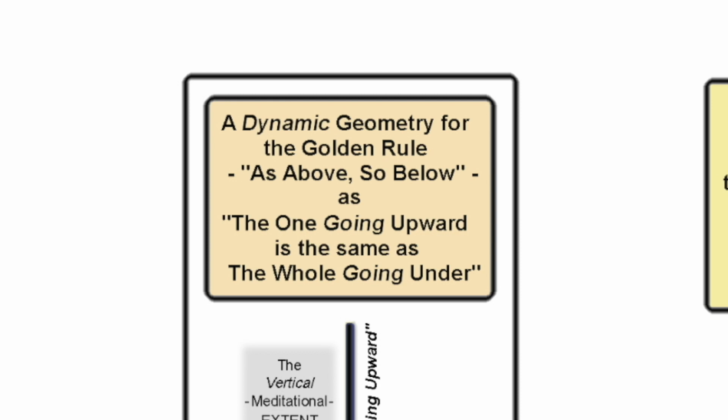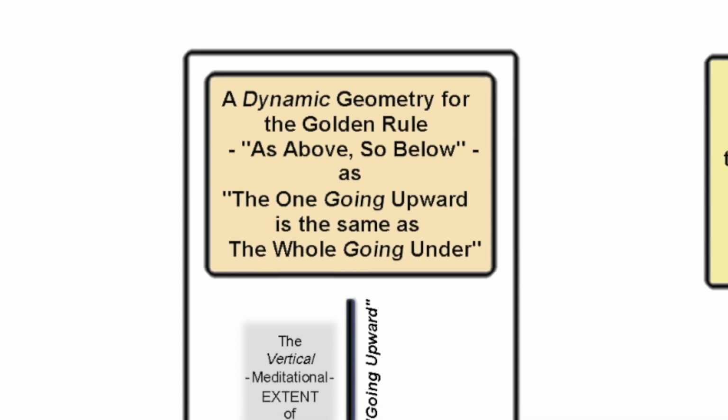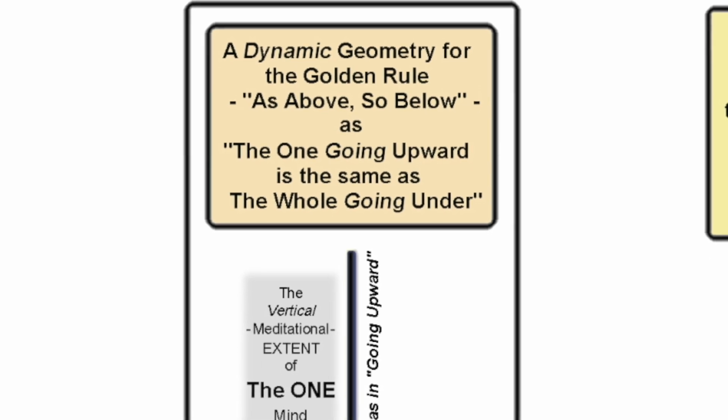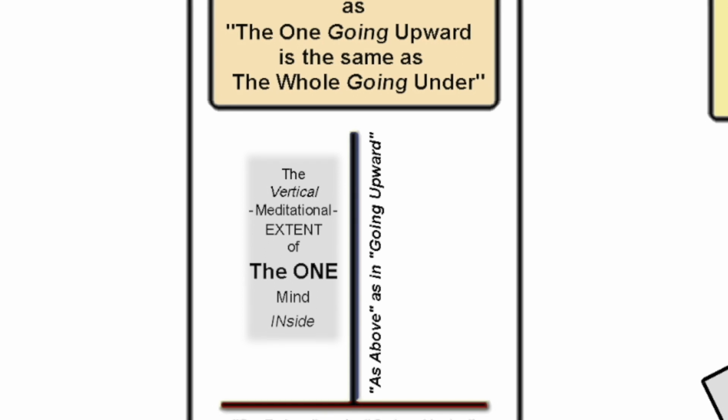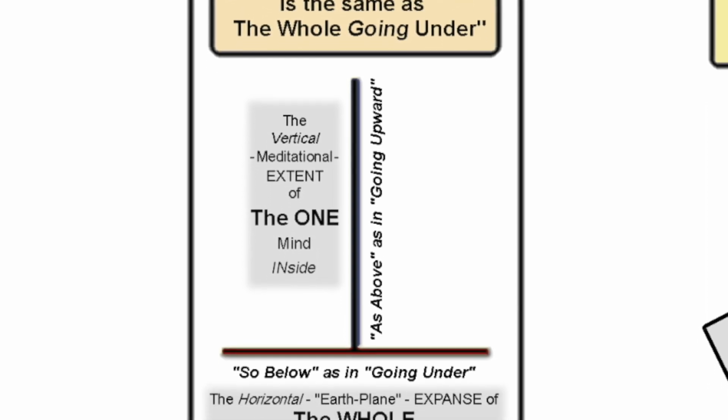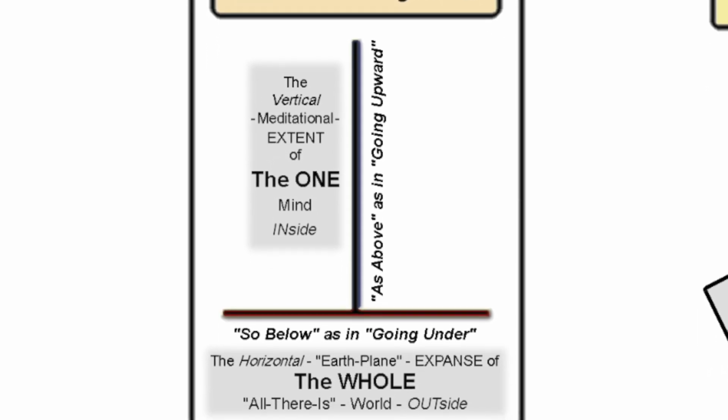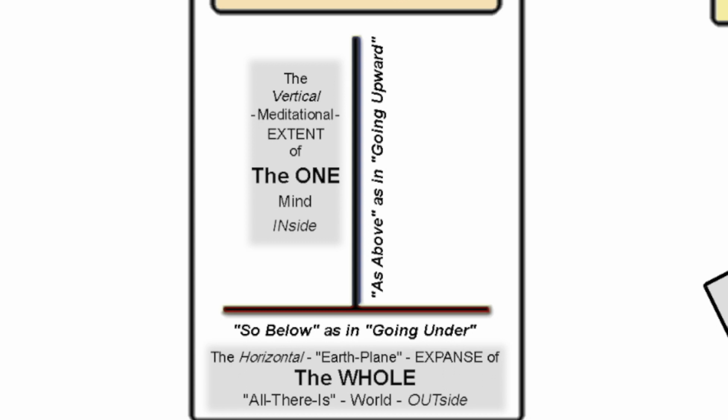That if you look up, there's a single principle, one, and there should be a corresponding principle below it that is the whole story. One above and whole below. And I ended up drawing an inverted T with a vertical line over a horizontal line. The one going up is the vertical line, reaching to God, to the transcendent, and the one below is like the earth plane. It represents the ground we stand on.